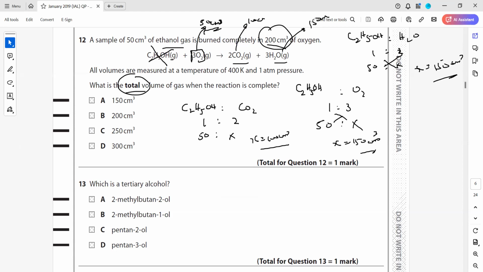If we add them, 150 plus 100 is 250, plus 50 makes 300. So D will be the right answer for this, because we count the unreacted reactants and the formed products. Is this one clear?